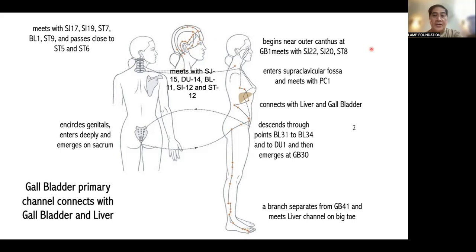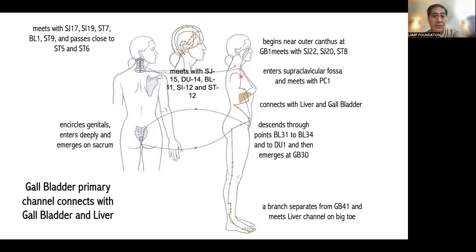Okay? Another branch separates at the outer canthus and then proceeds downward to stomach 5 on the jaw. Okay? And then crossing the Sanjiao channel, it returns upward to the infraorbital region. So that's below the orbit, before descending again to the neck, where it joins the original channel in the supraclavicular fossa.